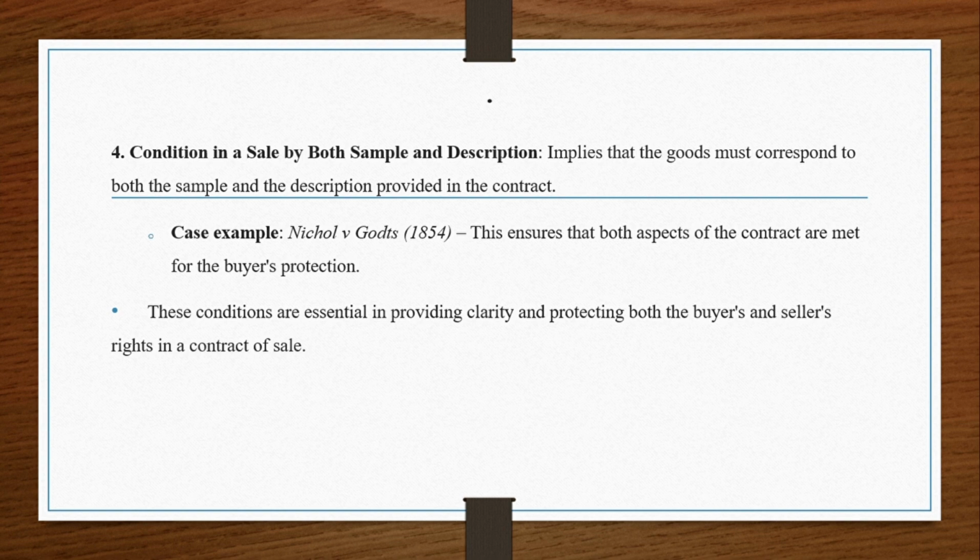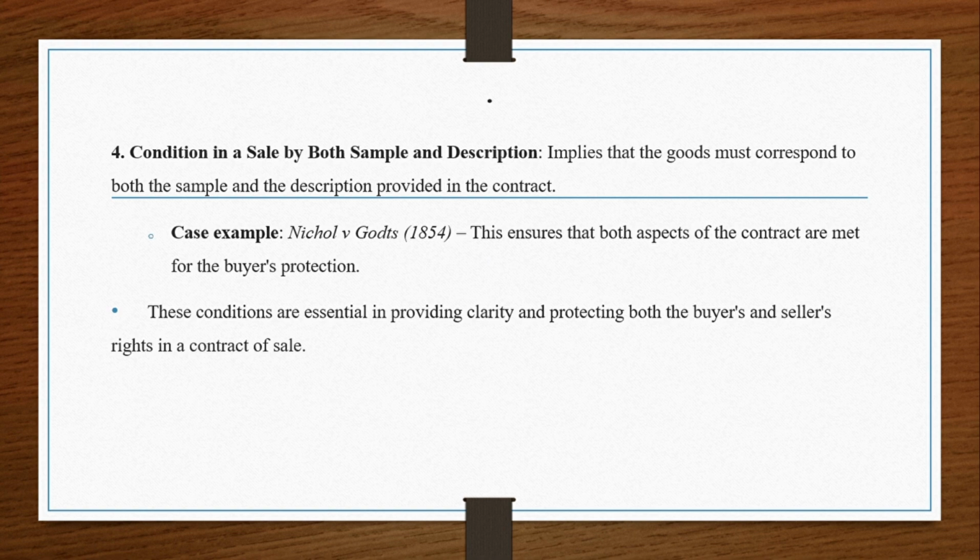So the seller agreed to deliver oil described as foreign refined rape oil, and also provided a sample of that oil. So the bulk of the oil delivered matched the sample but did not match the description. The seller agreed to deliver oil described as foreign refined rape oil and also provided a sample.